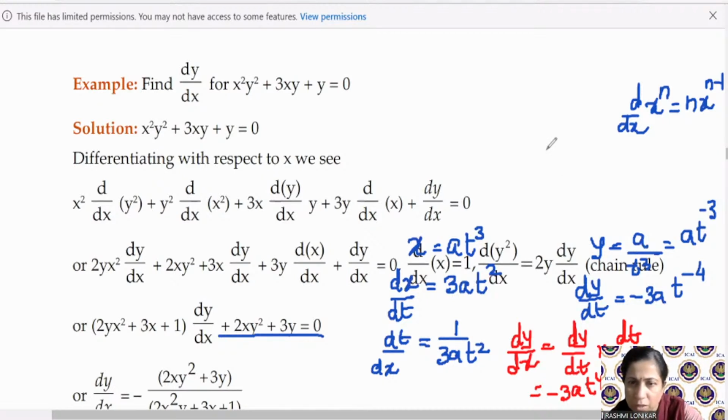So I can see this 3 will get cancelled, this a will get cancelled, and the t will also get cancelled. Okay, so how much do I get?